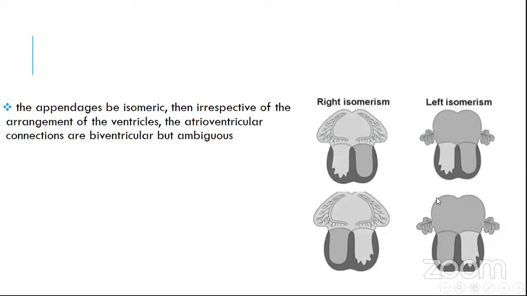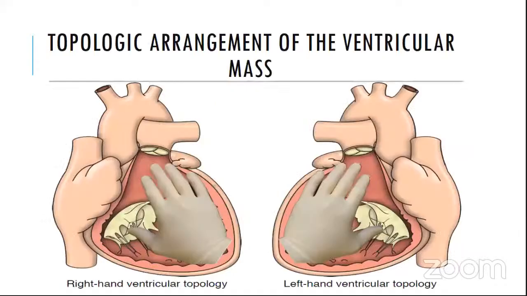With the appendages being isomeric, irrespective of the arrangement of the ventricles, the atrioventricular connection is biventricular but ambiguous. Coming to the topological arrangement of the ventricular mass, this is usually theoretical.